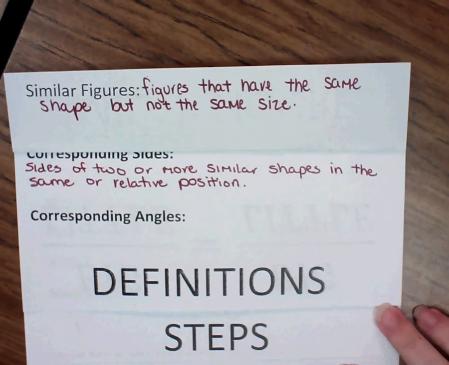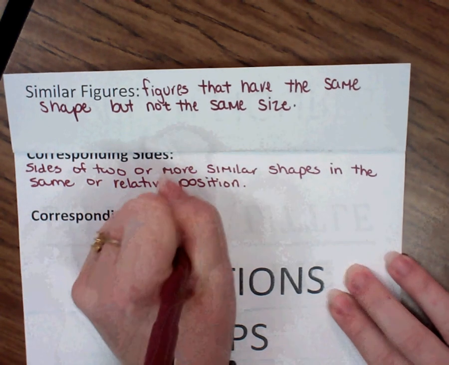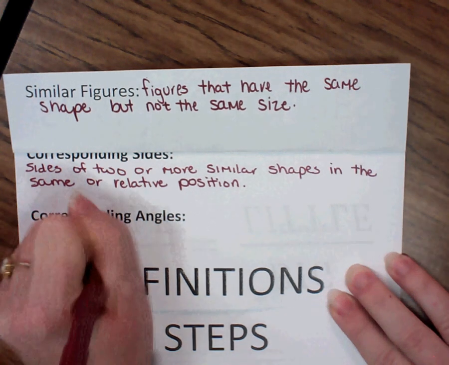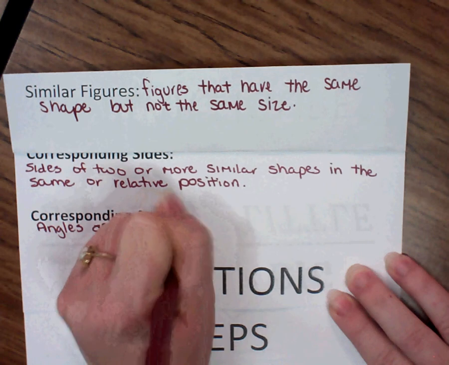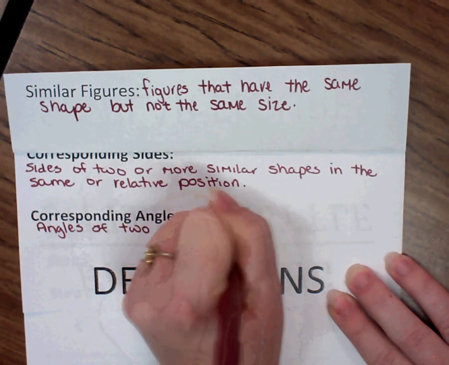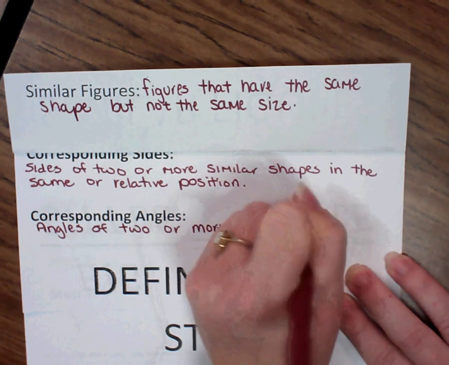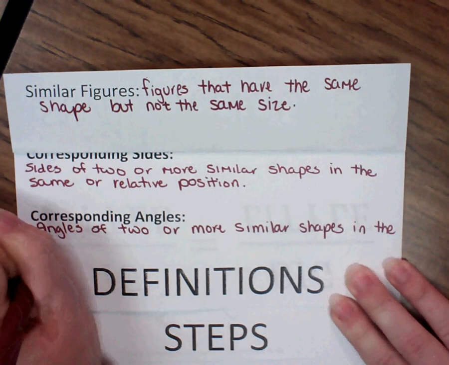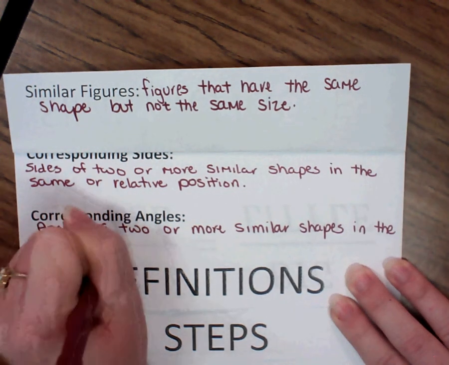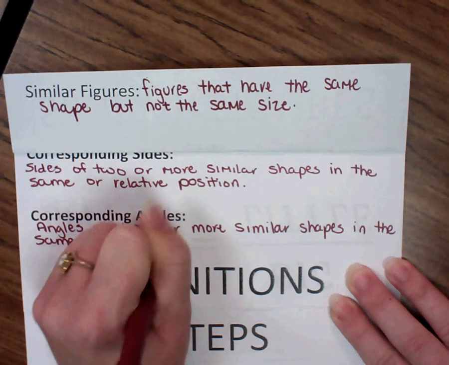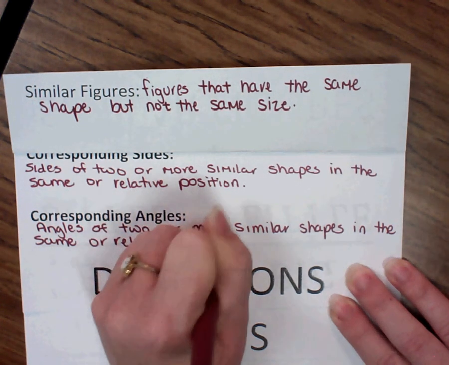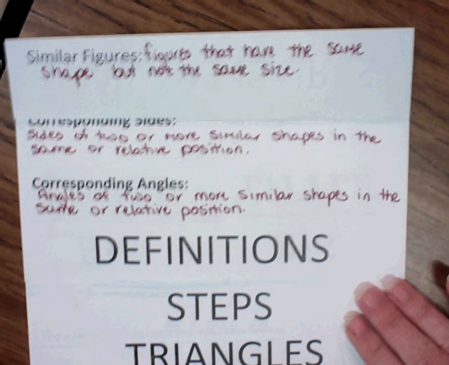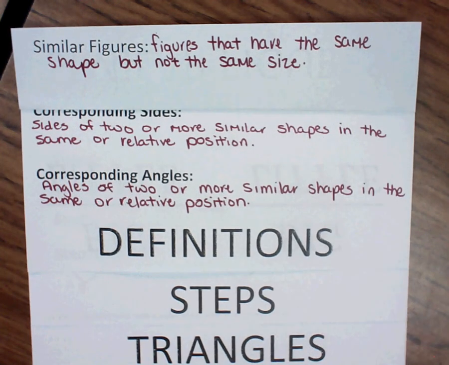And then corresponding angles are angles of two or more similar shapes in the same or relative position.